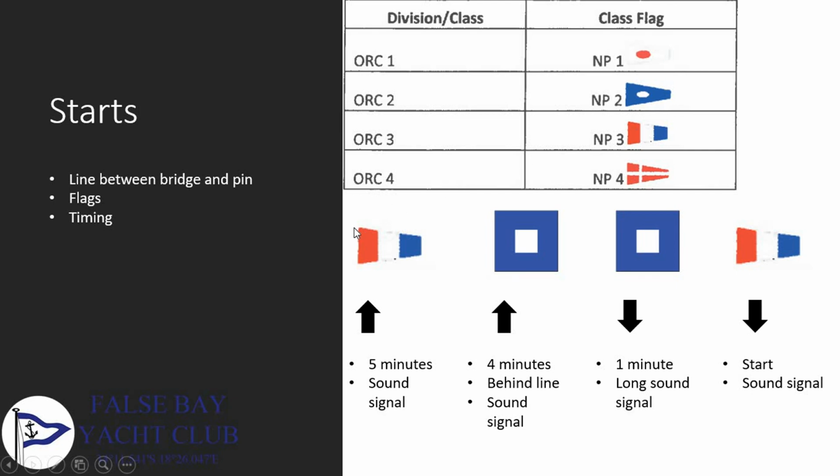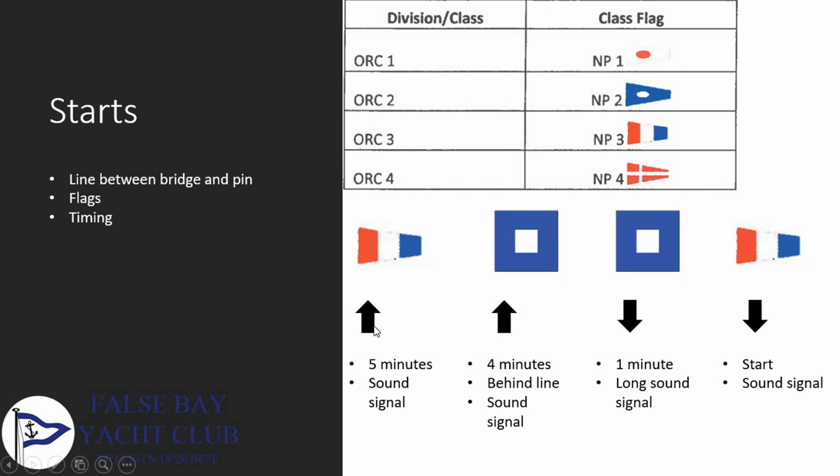Okay, the normal start procedure is a 5-minute procedure. So 5 minutes before the race starts, the class flag will be hoisted. In this case it's this flag, and I'll put a little up arrow so you can see it's being hoisted.